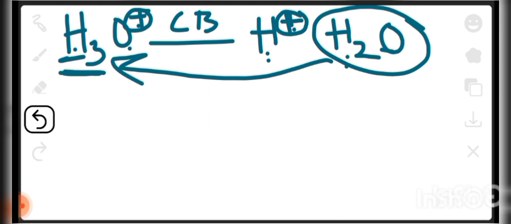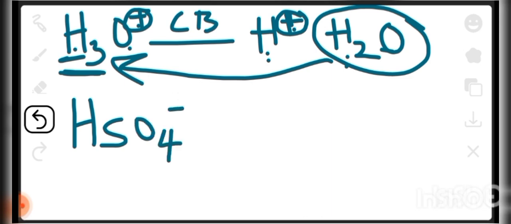So let's look at this particular compound. The conjugate base of HSO4 minus. What is the conjugate base of this? HSO4 minus.